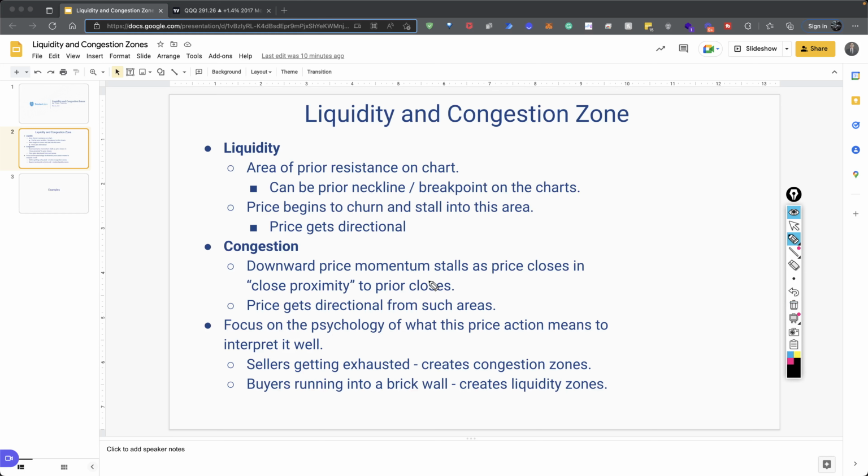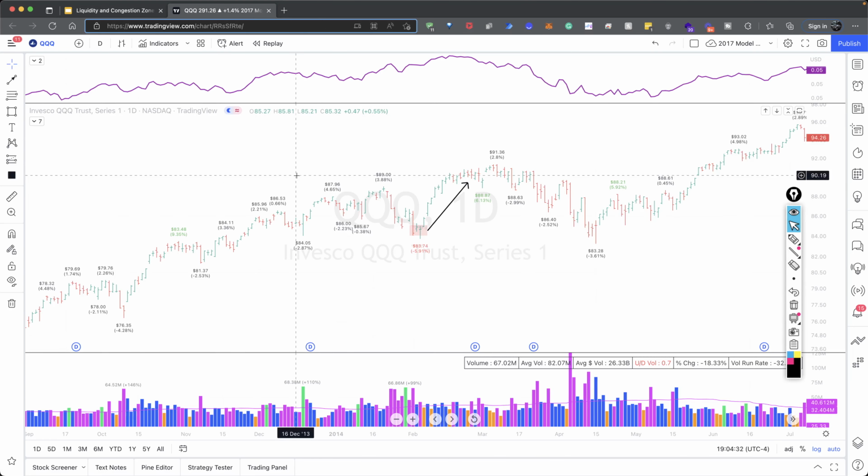Now we'll dive into a lot of examples here, and that's really the best way to learn this. It's not for me to sit here and give you exact specific definitions. Again, I want you guys to focus on the psychology of this and how it fits into the market cycle.